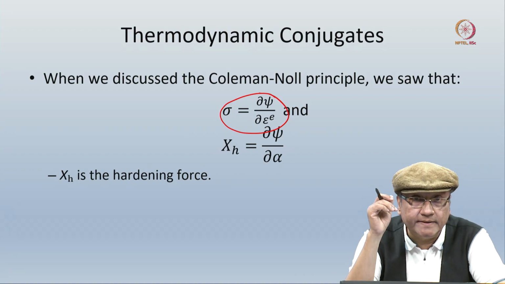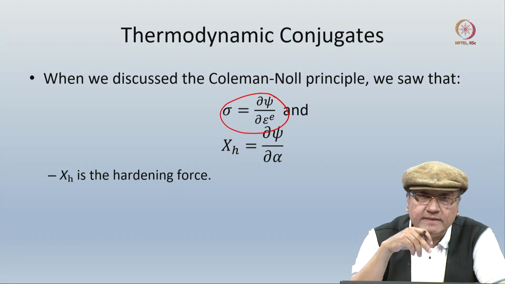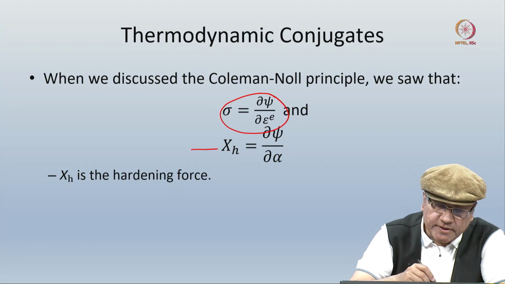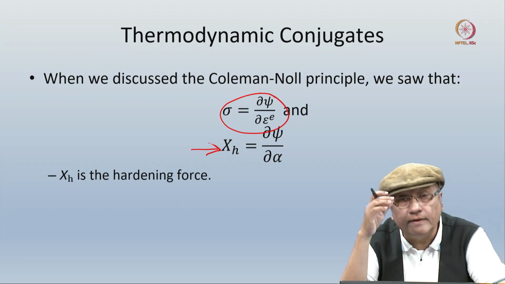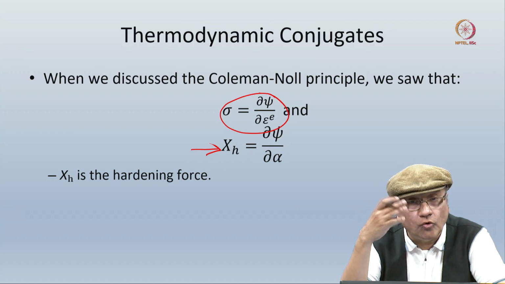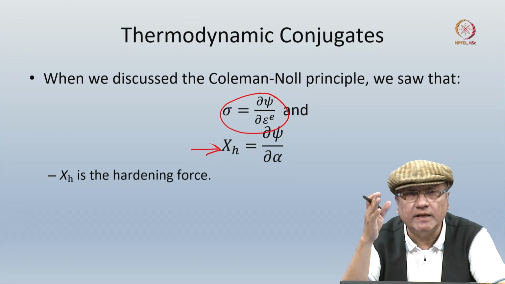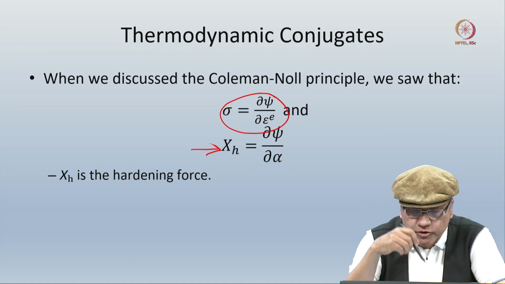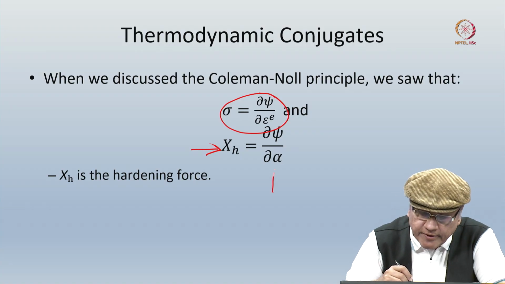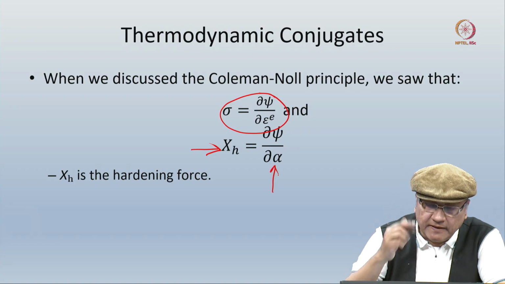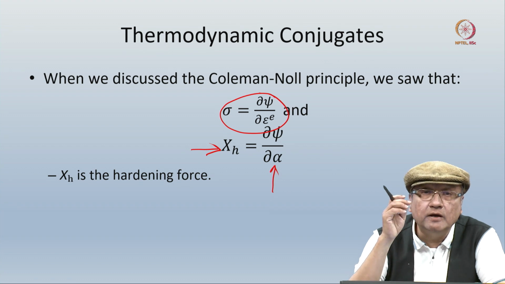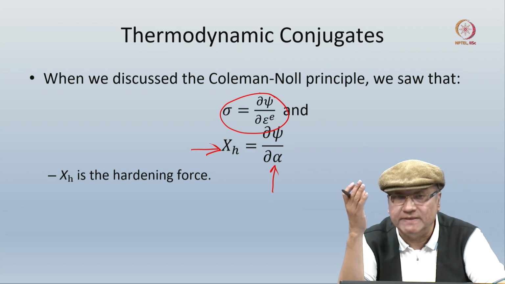You should remember that. Now let us define this variable, which is called the hardening force. This is the thermodynamic hardening force conjugate to this hardening variable alpha. Think of alpha as a counterpart of epsilon E, both are kinematic.